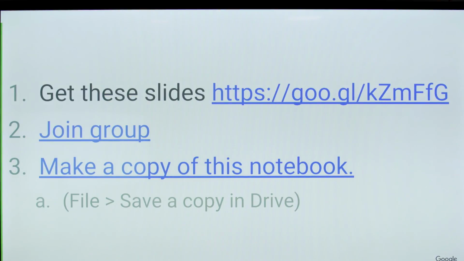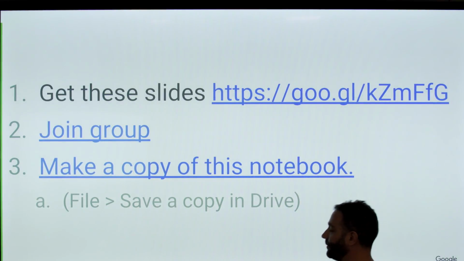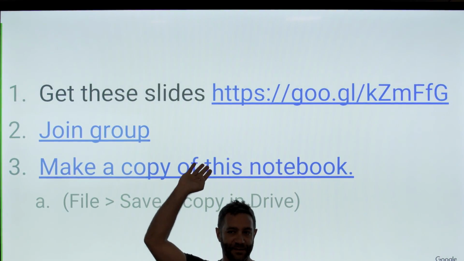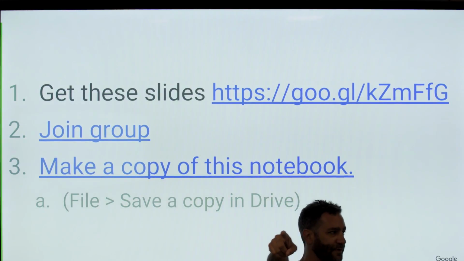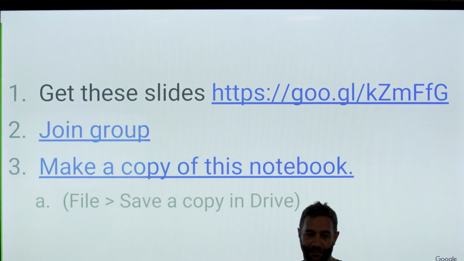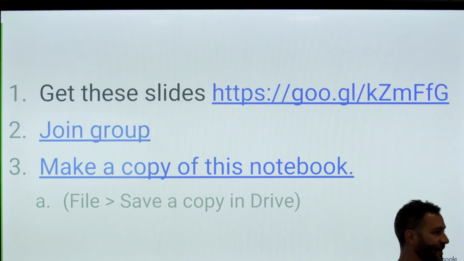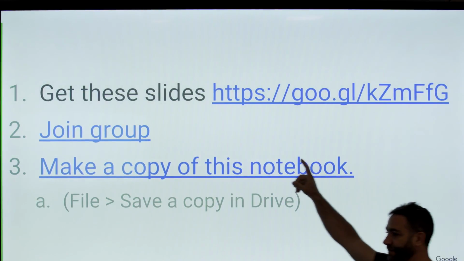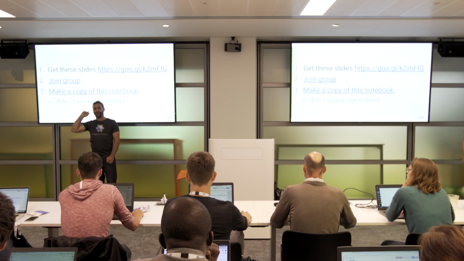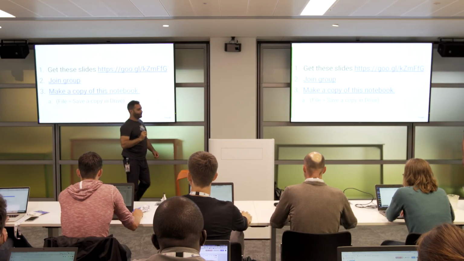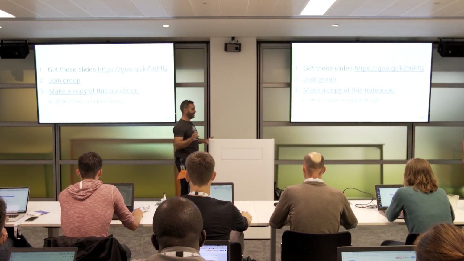So here's what we're going to do. Hopefully you have the slides. If you don't, the link is on the whiteboards in the back, or it's right here. The first thing is to get the slides so that you have these links. Join this group. It's a public group, so anybody can join.